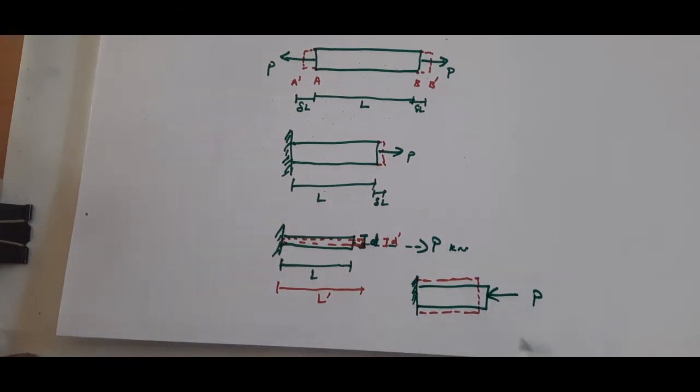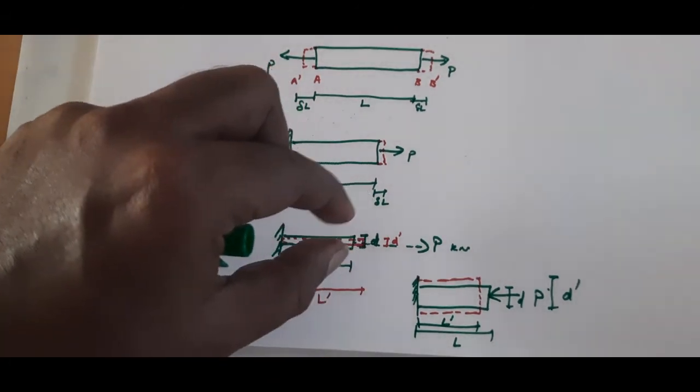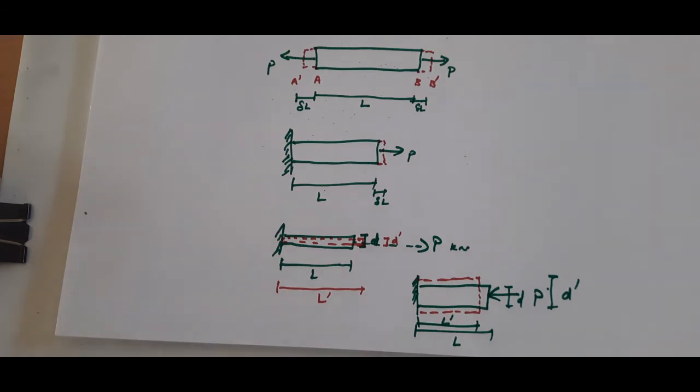So when you see that the original diameter or the original depth is D, it changes to D dash, which is increased, and L changes to L dash, which is decreased. In compression, the length decreases and the depth increases. In tension, the length increases and depth decreases. This is how it is happening.